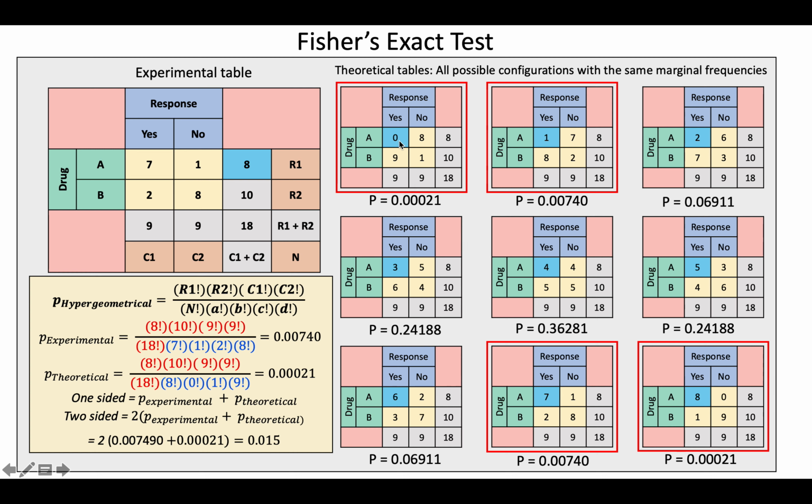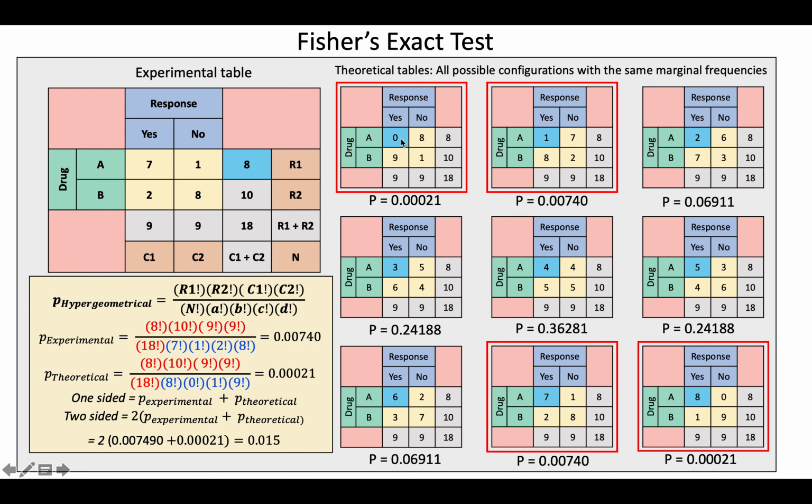So once you define this value, and provided that the marginals are fixed here, which are all fixed, so you see that the numbers are exactly the same here, 9, 9, and 18 for all the theoretical tables.